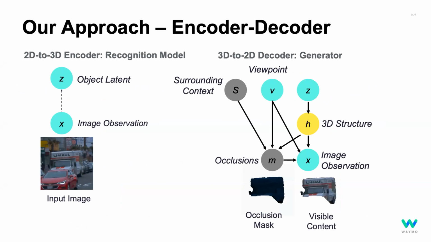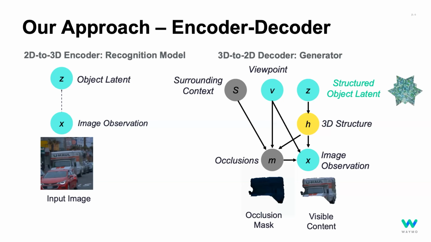The object latent can be further used to reconstruct the exact input we observe. So here, instead of generating the occlusions and surrounding context from scratch, we use the occlusion as a condition to force the model to predict only the visible pixels.